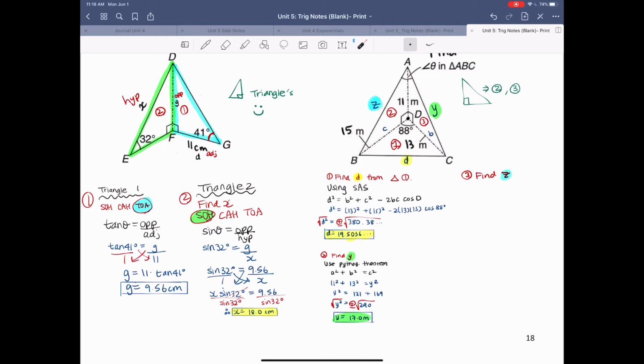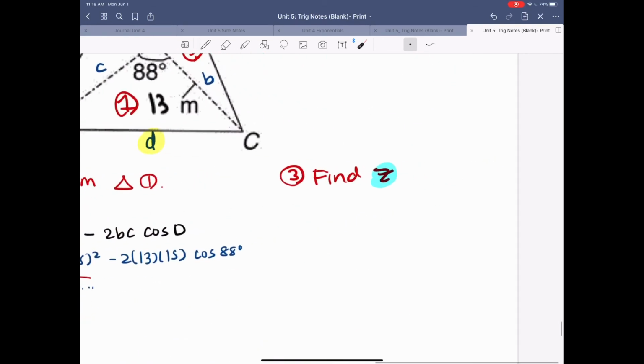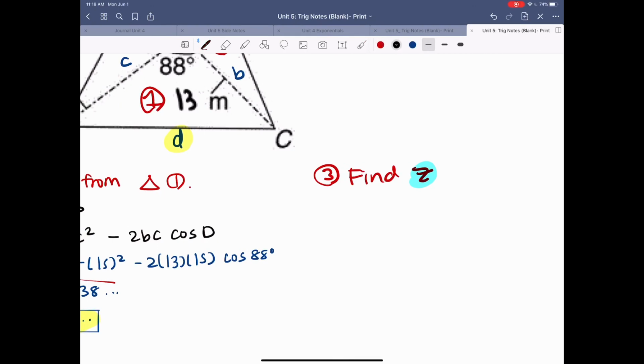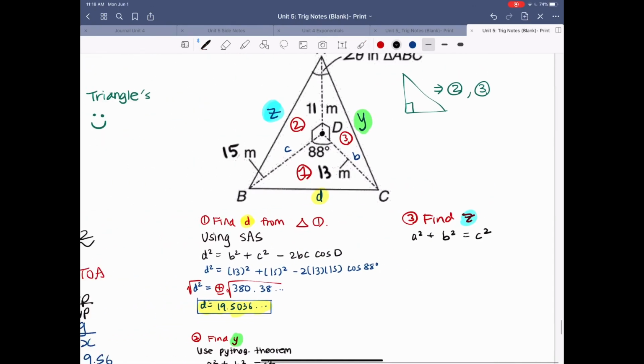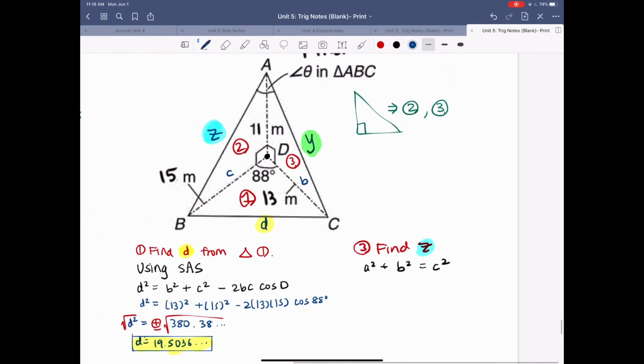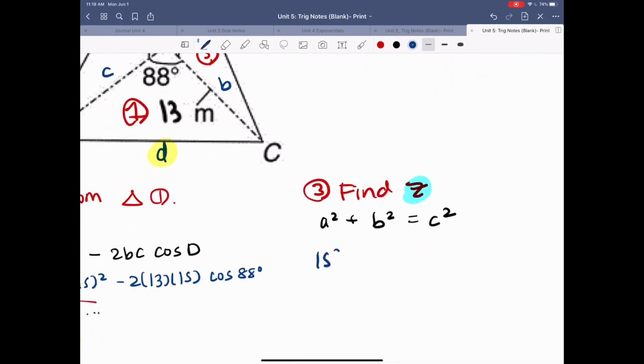This plan became more concise and clear as I had more information, and I can plan out my next steps to get to my final answer. So for finding z, I have a squared plus b squared equals c squared. When I plug it in, I have 15 and 11, so 15 squared plus 11 squared equals z squared.